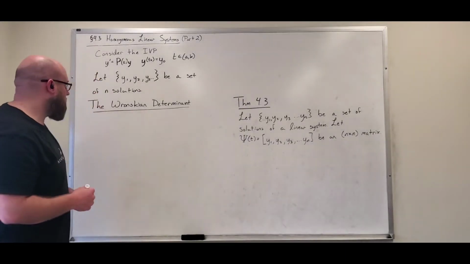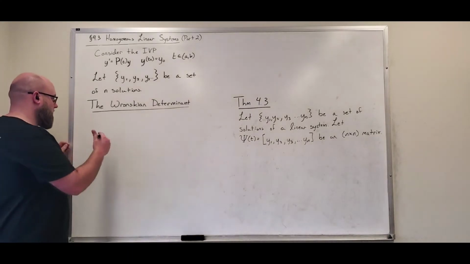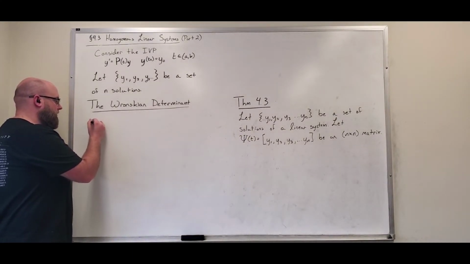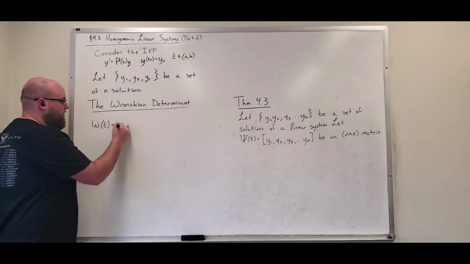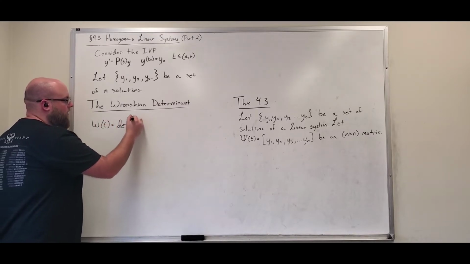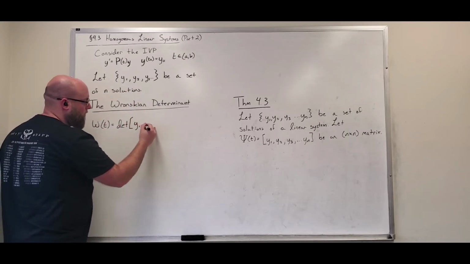All right, so the Wronskian determinant is calculated just the same way. W of t is equal to the determinant of this particular column form that we have here.